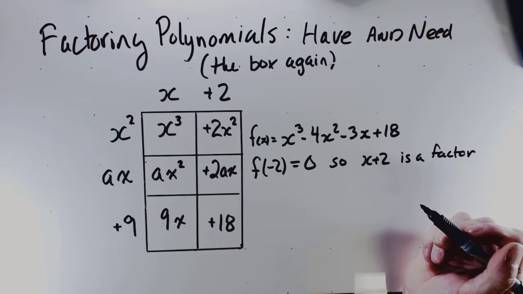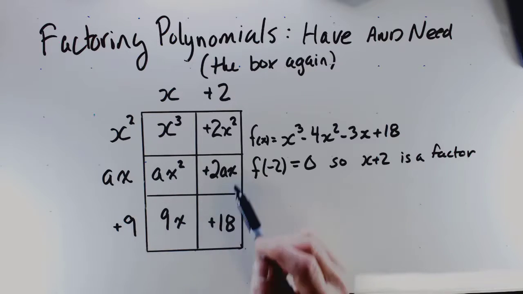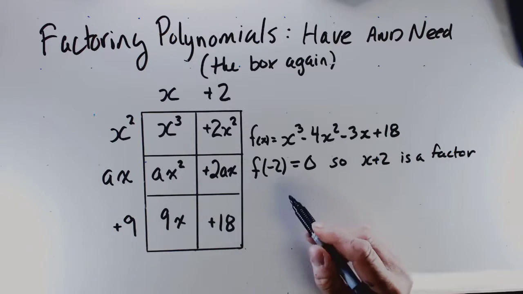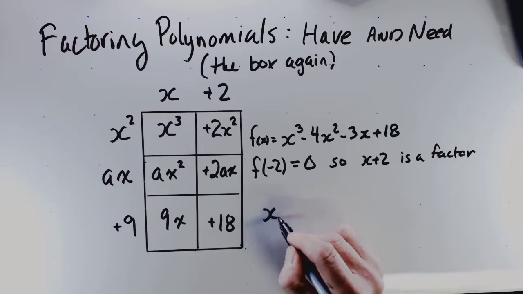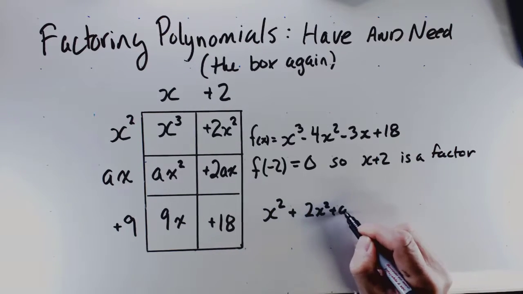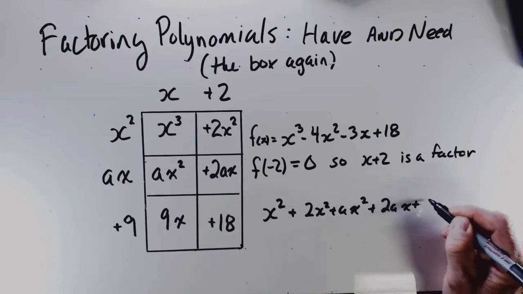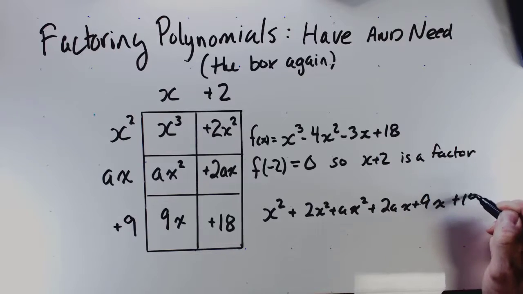Okay, this is where it all comes together. If I figure out what polynomial is in here, this is x cubed plus 2x squared plus ax squared plus 2ax plus 9x plus 18.